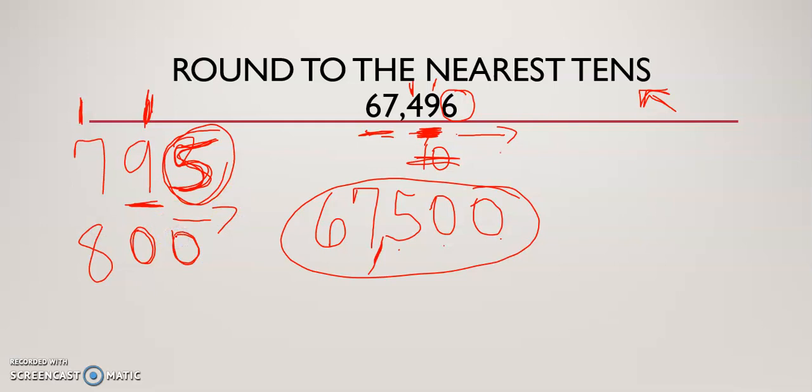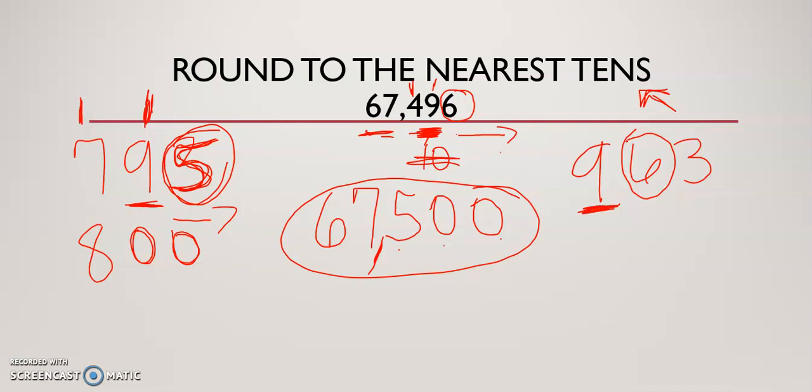Let's look at another one. This time I'm going to round to the hundreds place. So I find the digit that's in the hundreds place. I have a 9. I look to the right, circle the digit that's to the right of my target. I have a 6. 5 or more, my target raises the score. 4 or less, my target takes a rest.